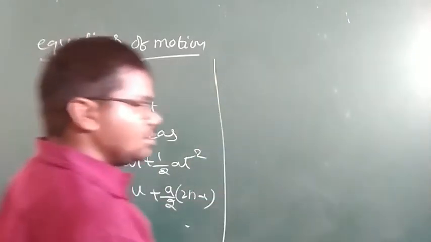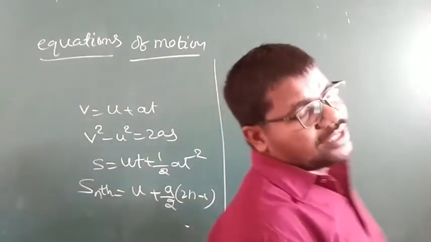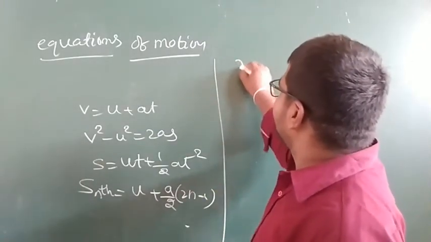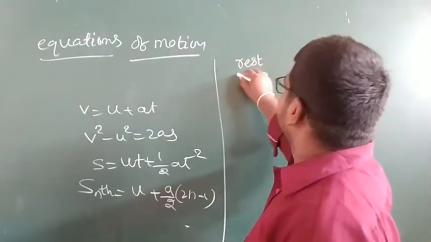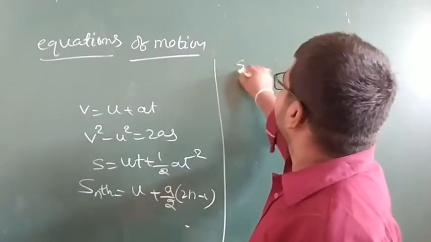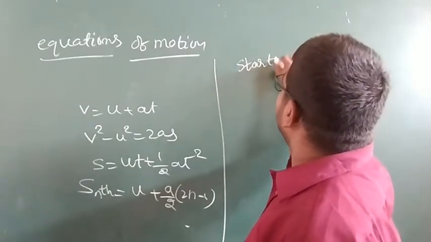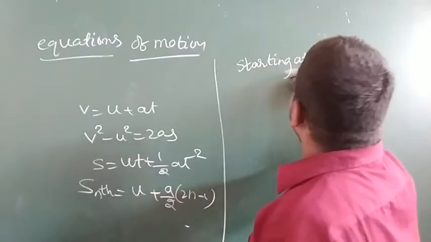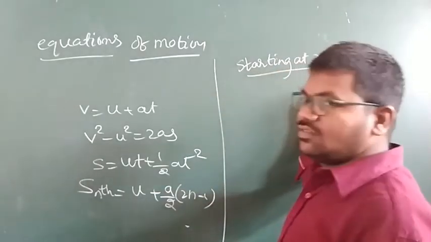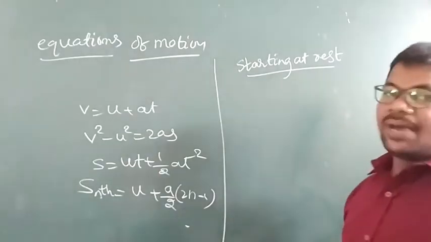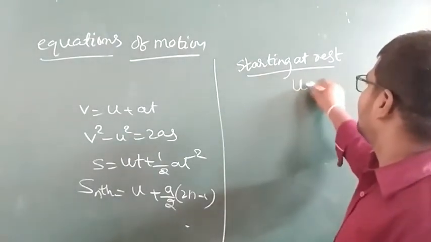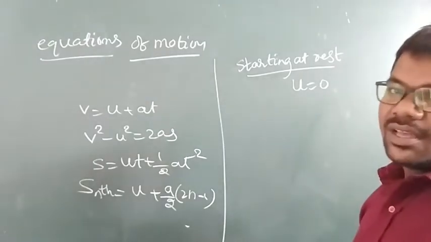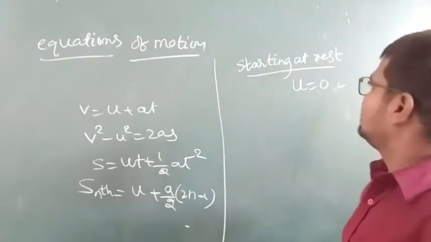So how can we solve problems by using these four equations? If a body is starting at rest, any question which says the body is at rest means initial velocity 0.